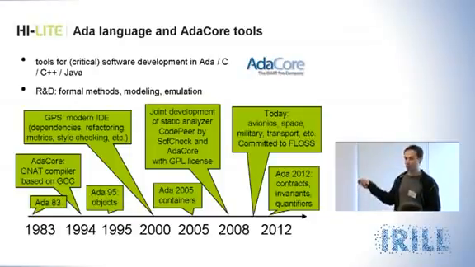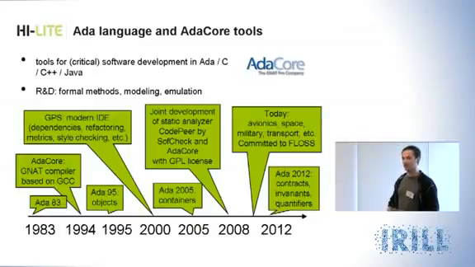And AdaCore was born in the GPL world. So from the start, it was born on the GNAT compiler based on GCC. And since then, all our tools, so GPS in 2000, our main IDE, CodePeer, a tool that was previously developed for some years by SofCheck, an American company, as closed source, and which they have agreed to co-develop with us now in GPL.